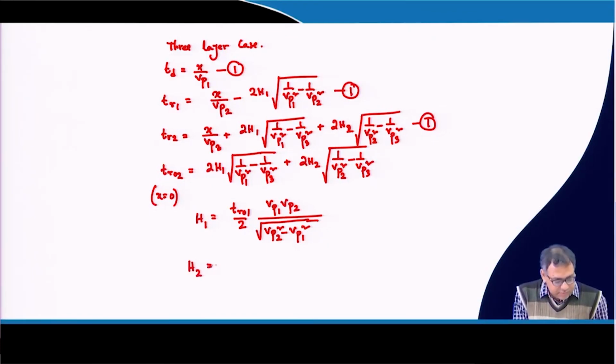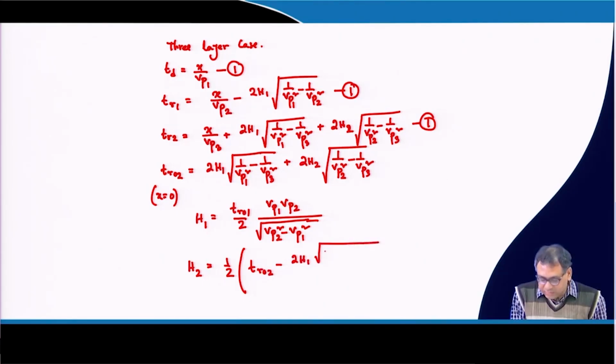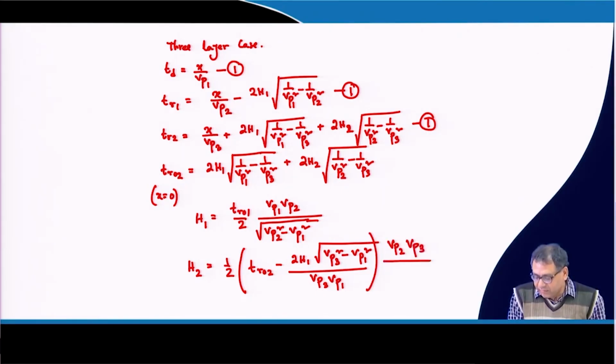H2 is in that way half of Tr02 minus 2 H1 root over Vp3 square minus Vp1 square divided by Vp3 by Vp1, then times Vp2 Vp3 divided by root over Vp3 square minus Vp2 square.